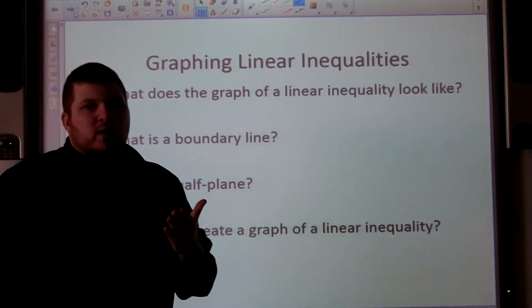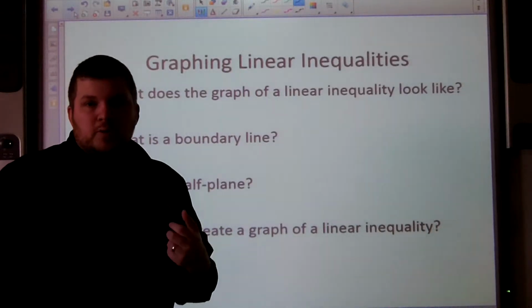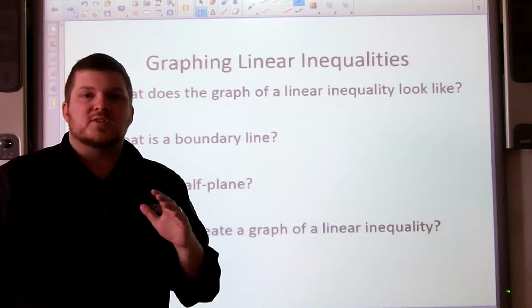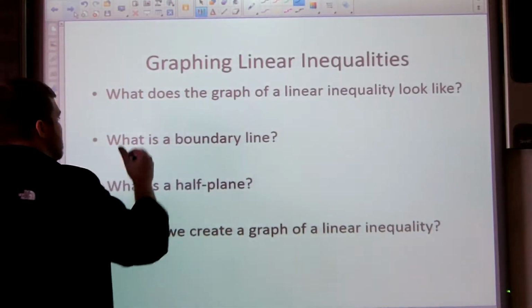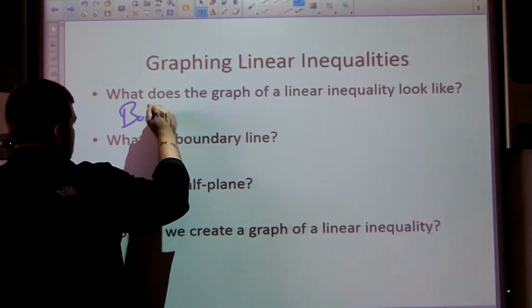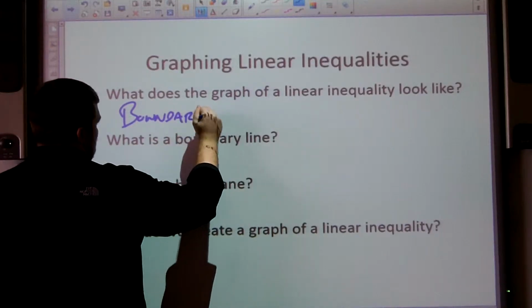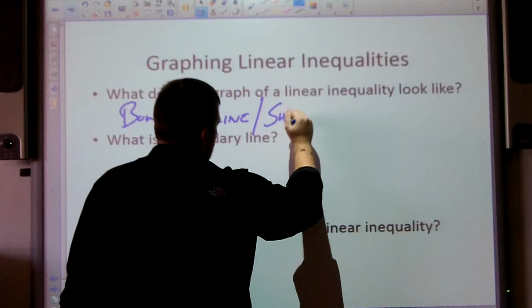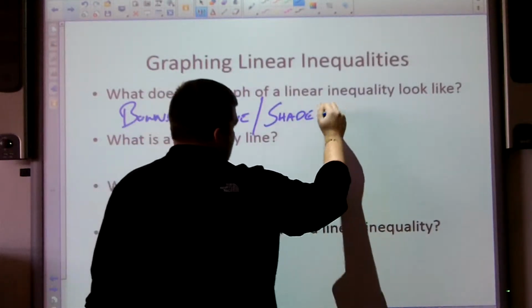What does the graph of a linear inequality look like? Well, we're going to have our boundary line, and then we're going to shade the side of the boundary line that gives us a true statement.